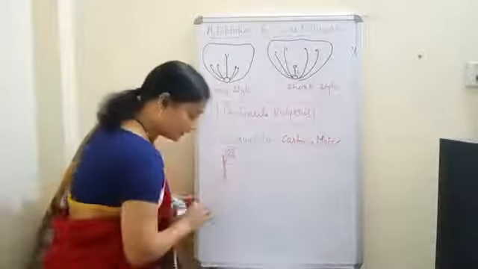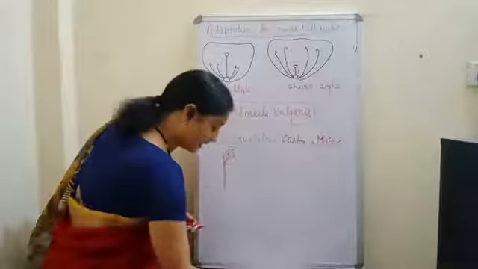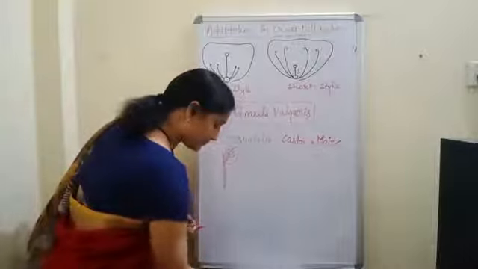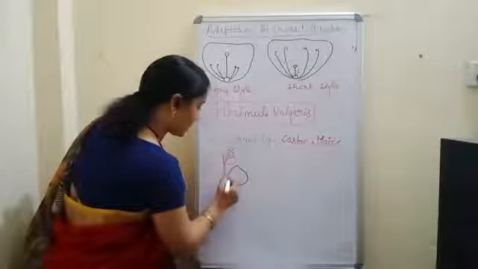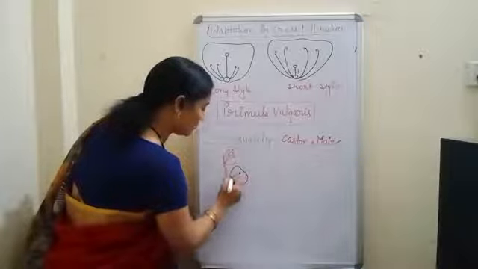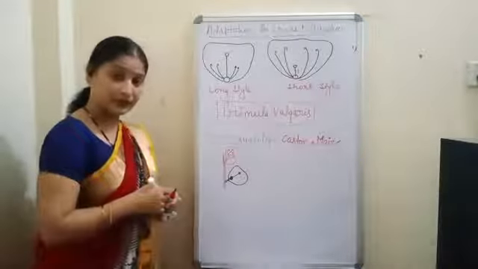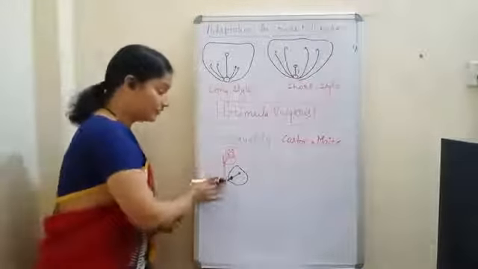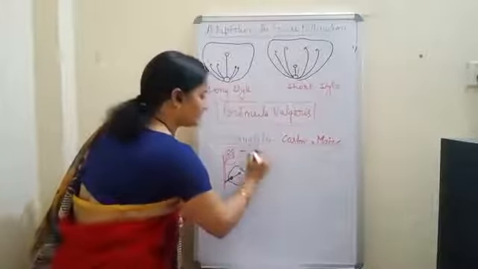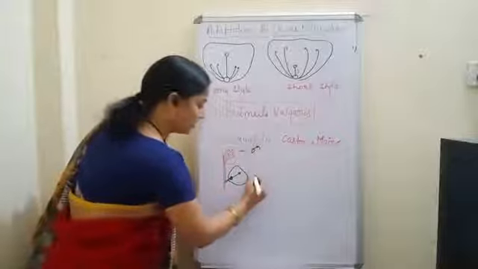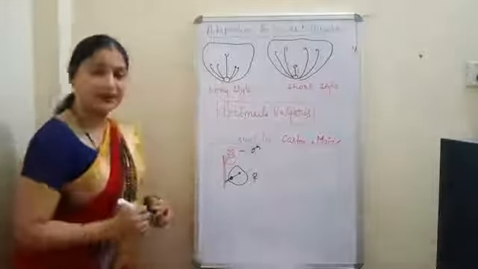And this is again a flower, and it consists of only the female part. Now from the figure, it is called the male flower. Clear? It is the female flower.